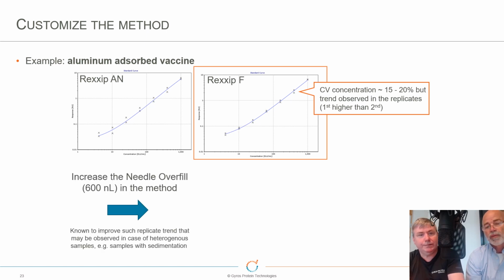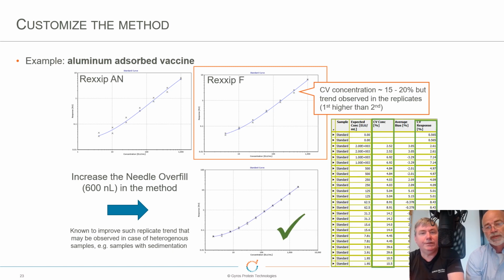And so what we then did was add that increased overfill, which mixed the samples a little bit, and then you can see the final result here, where now those replicates overlay one another as you would expect, and we get really good precision between the 2 replicates, and it fixed the problem.